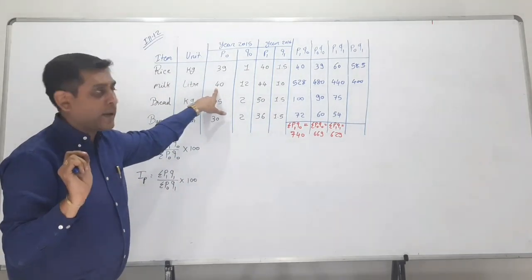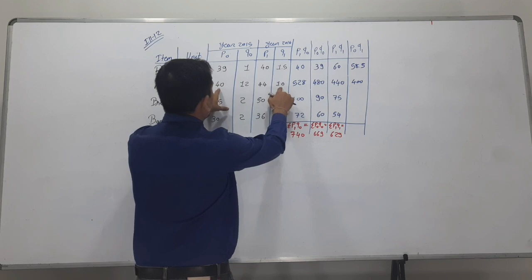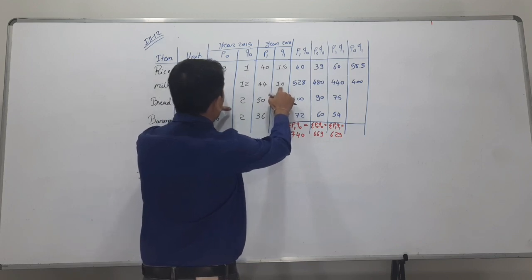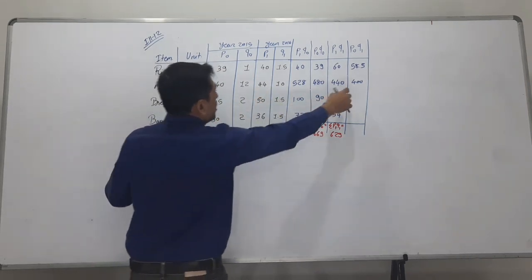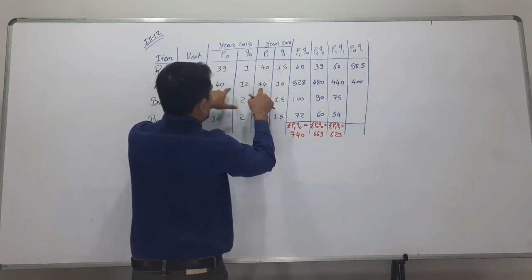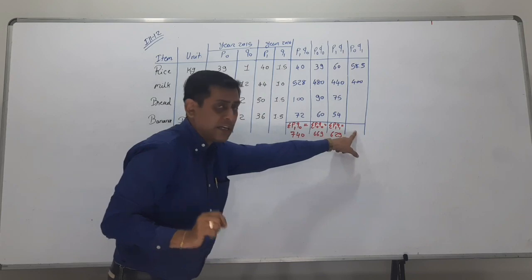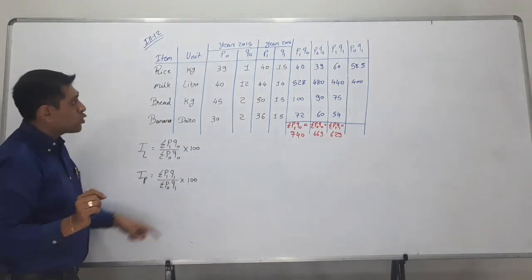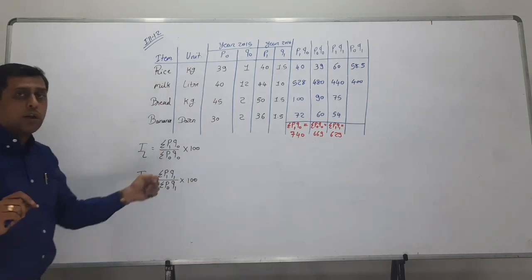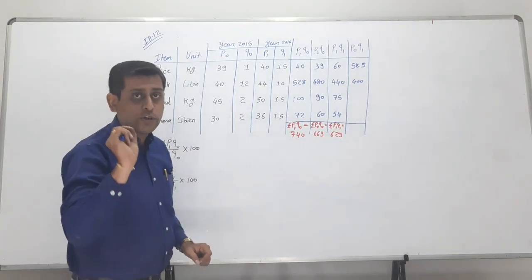Whenever you are multiplying these, put your finger here and then multiply, because if you multiply the wrong pair, then this answer is wrong as well as the final answer, so your whole table and calculation is wrong because of only one wrong calculation.